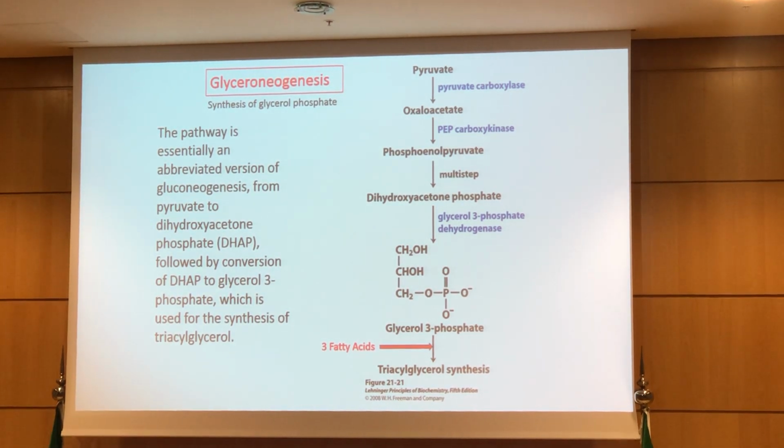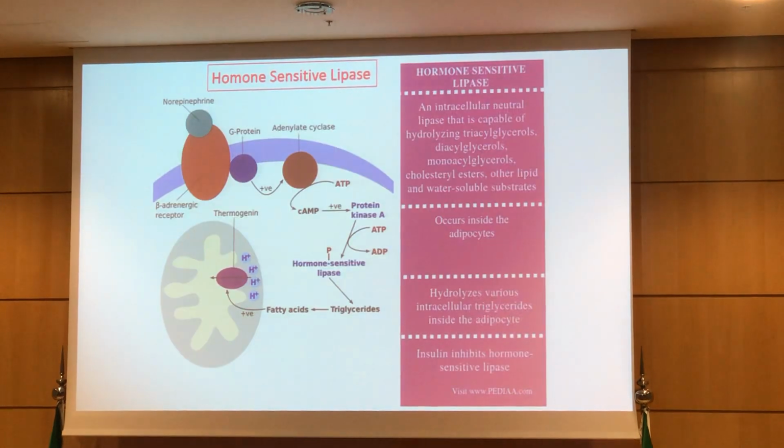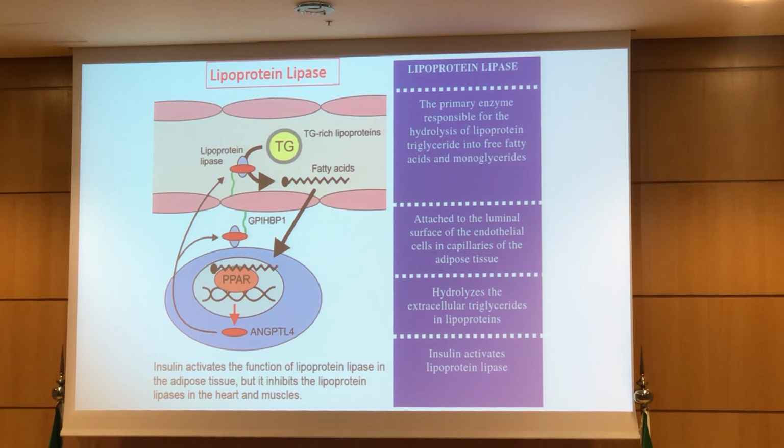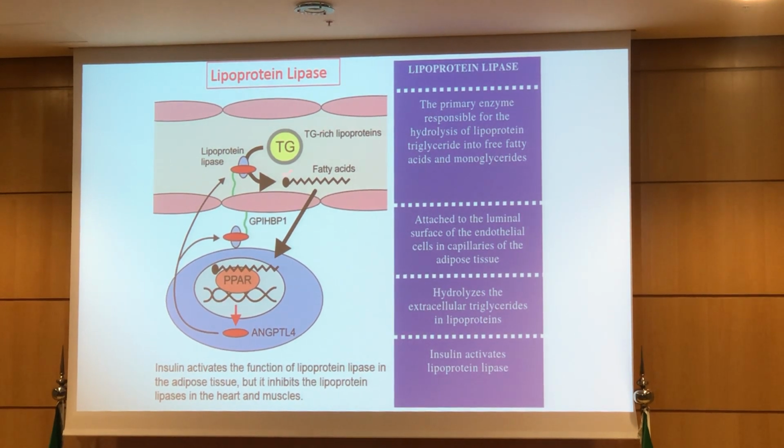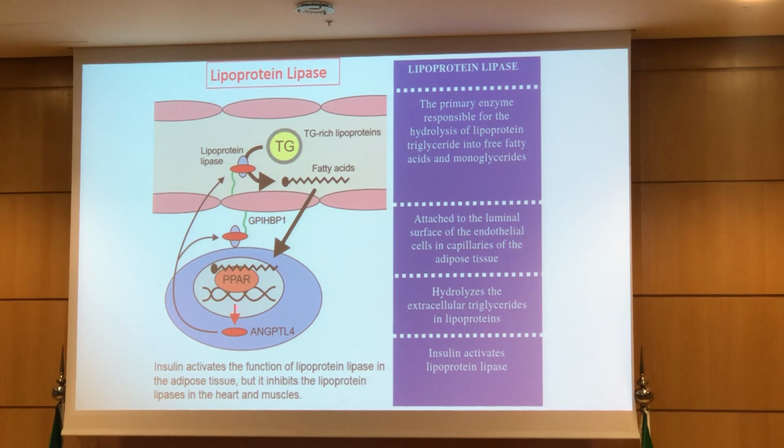Now, what happens near the tissue, near muscle, near the cardiac muscle, near the liver, near the adipose tissue? Well, this is what's happening. There's that triglyceride inside the lipoprotein. It comes close to the endothelium. There's the endothelium. This is the cell.